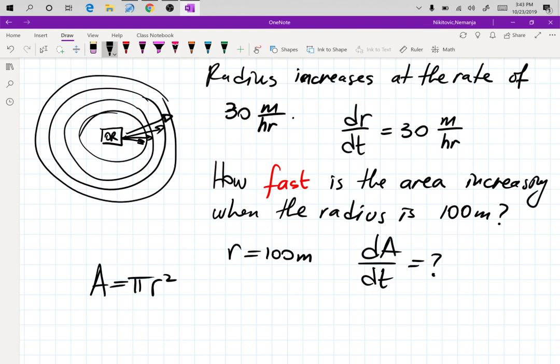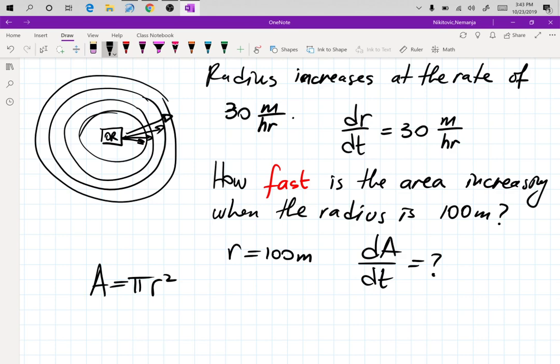Now, we can use this, obviously, in business and economics, in engineering and so on. So we'll see a whole bunch of examples as we go on. So the next step is to plug in all the numbers. Well, we are looking for dA/dt, so we leave that alone. 2 pi r is 100, and dr/dt is 30, for 6,000 pi meters squared per hour.